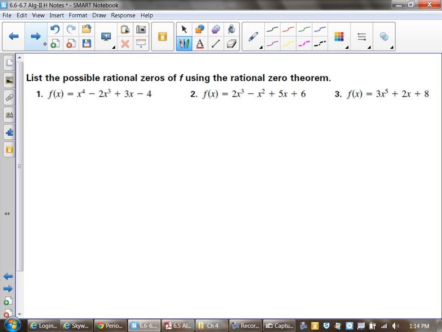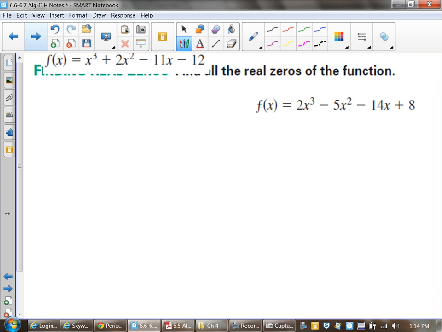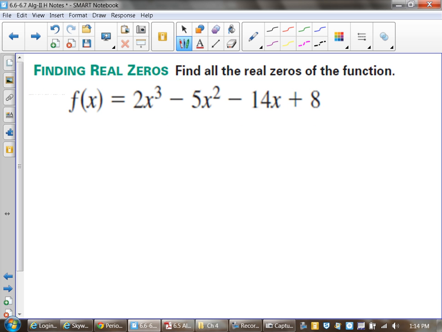Let's try another one. Again, I start by writing out the equation. I have 2x cubed minus 5x squared minus 14x plus 8.